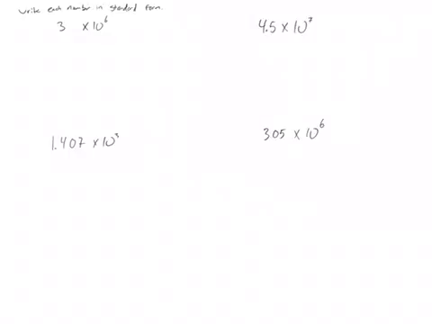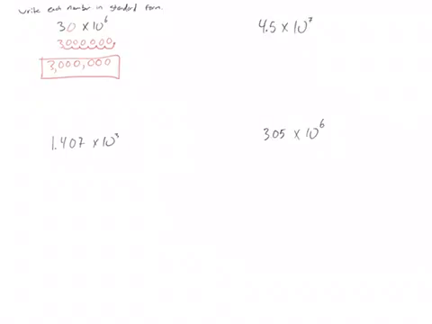Remember, 3 is the same thing as 3.0 if we want. So I'm going to need to move my decimal place 6 places to the right: 1, 2, 3, 4, 5, 6. Here's my decimal place. I'm just going to fill these in with zeros. So I'm going to have 3,000,000.